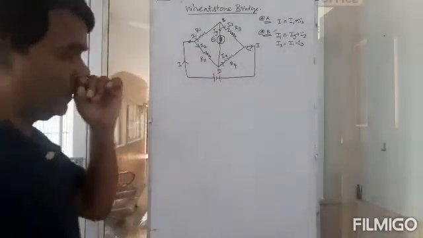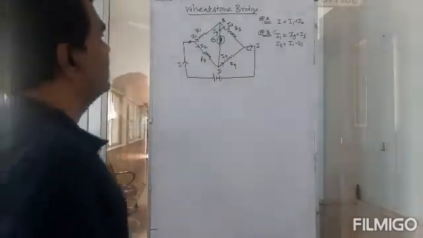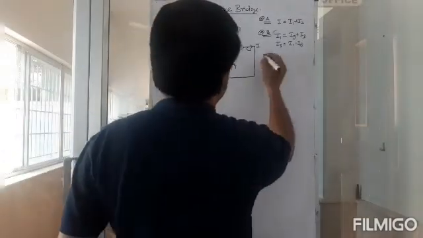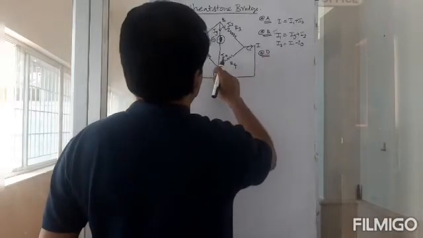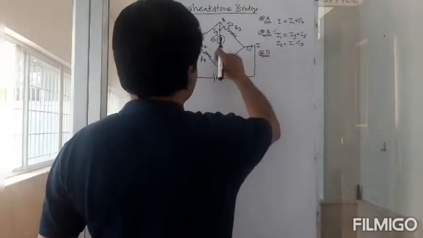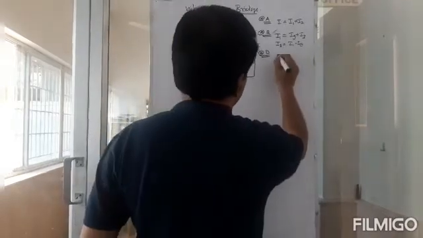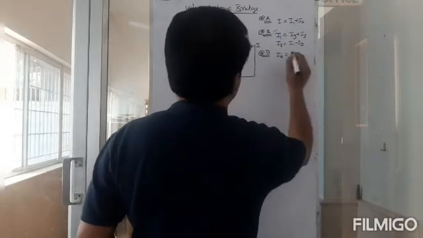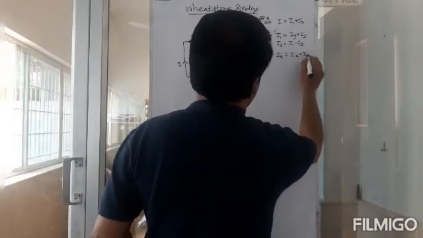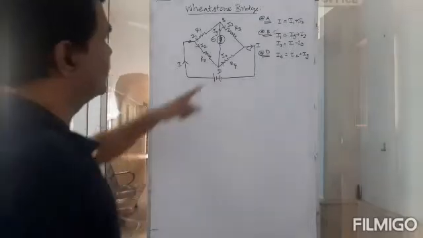Either is fine. And at D, I2 plus Ig must be equal to I4. So I4 is equal to I2 plus Ig.